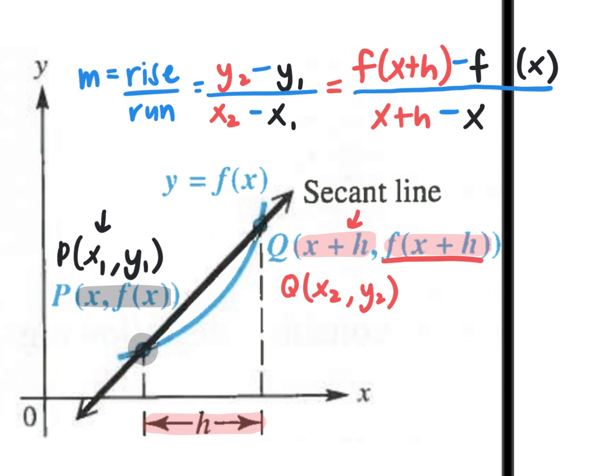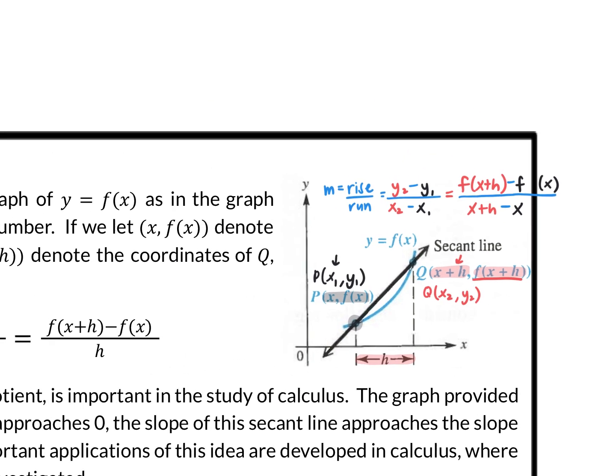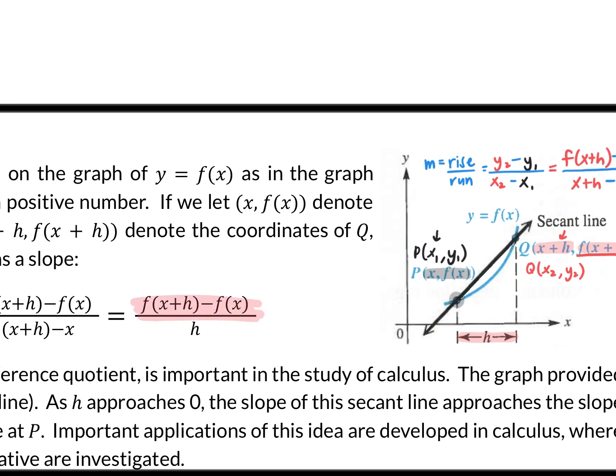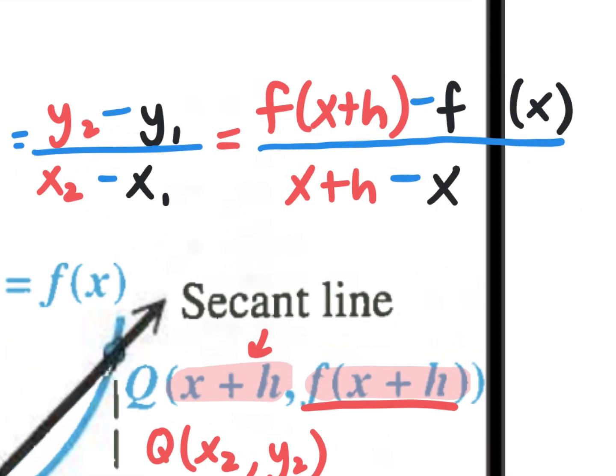Now if I simplified this, as you see over here, some of you probably already looked at it, this answer, f of x plus h minus f of x divided by h, is the exact same thing because what happens to the denominator there? Those x's are going to go away. So I'm just left with h in the denominator.